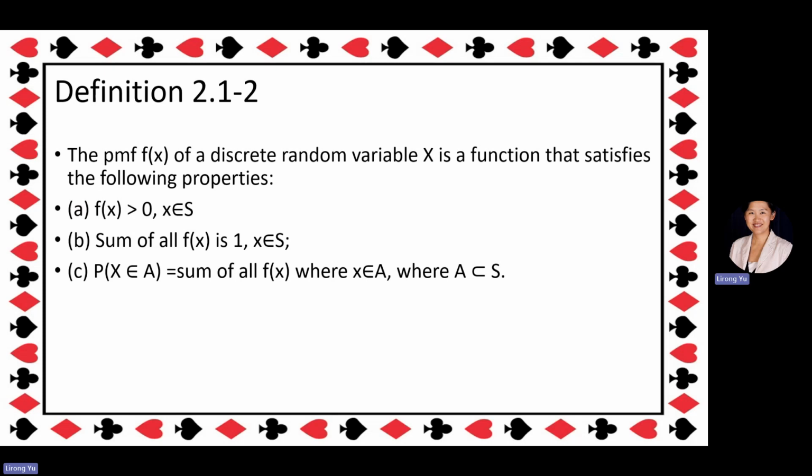So these first two properties, A and B, are the properties that we already have for probability. And the last one says that if you have an event A, the probability for event A is the summation of all the probabilities within it. So this is how we deal with probability calculation involving X.